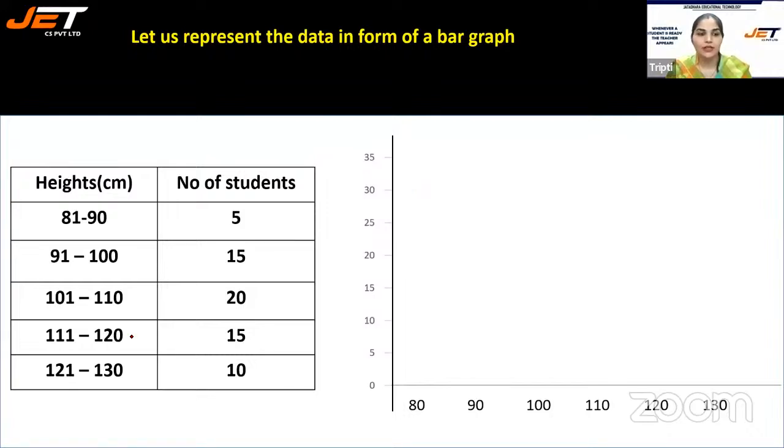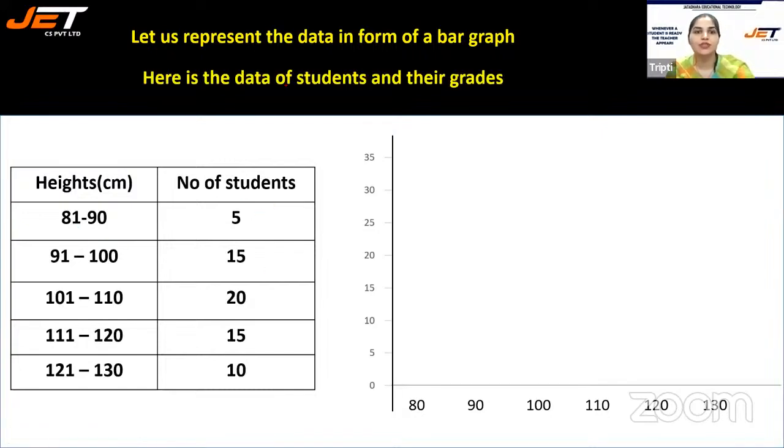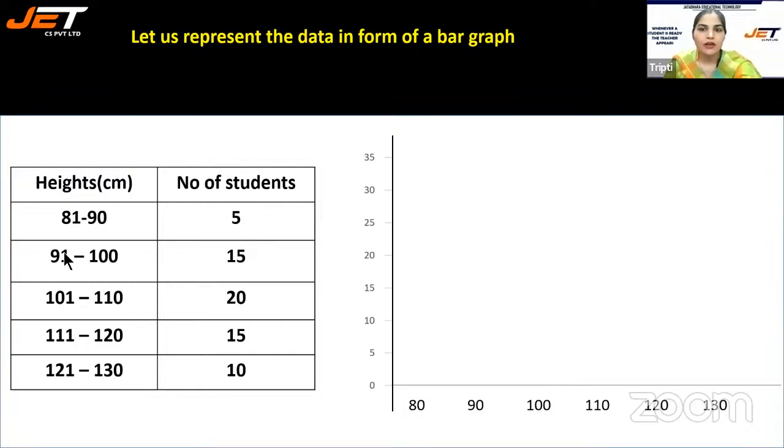Again, here you have to make a histogram basically. Here is a list of students and their heights. 81 to 90 centimeters, 5 students have the height of 81 to 90 centimeters.